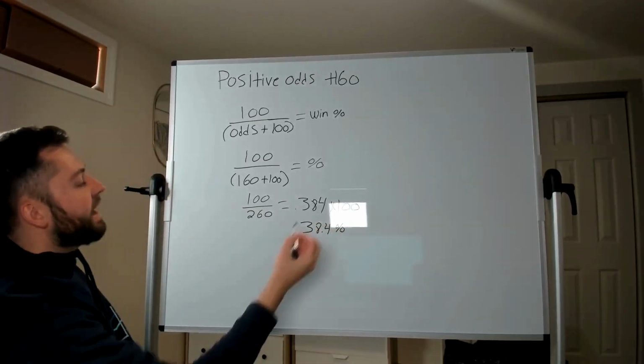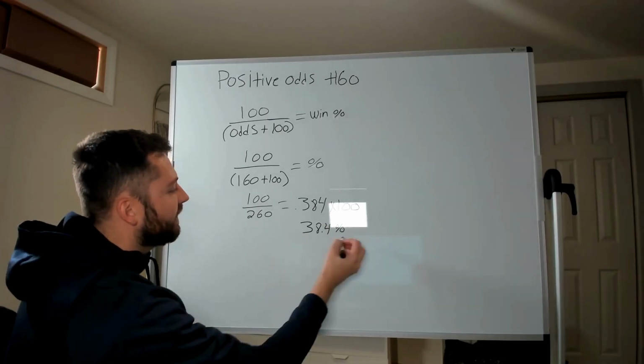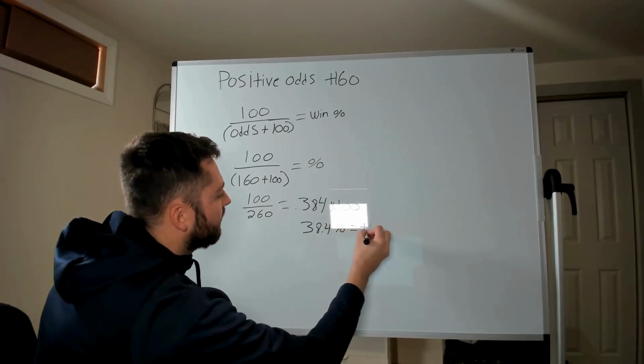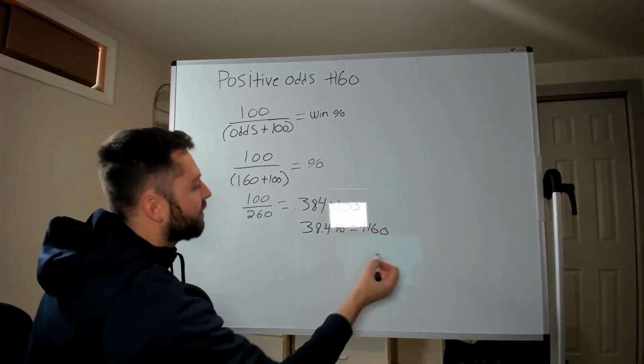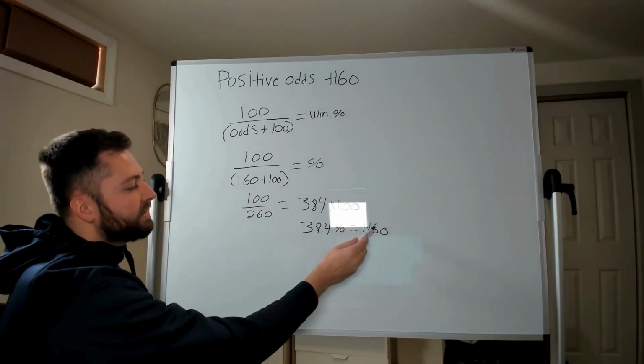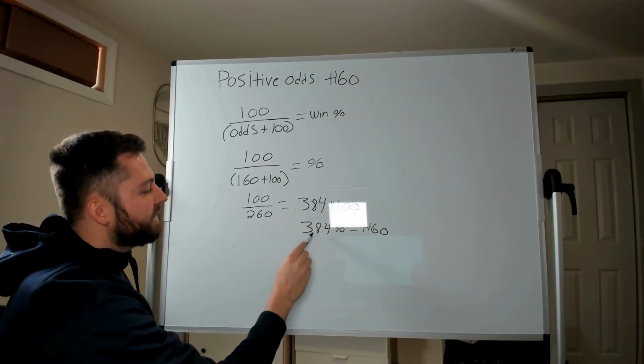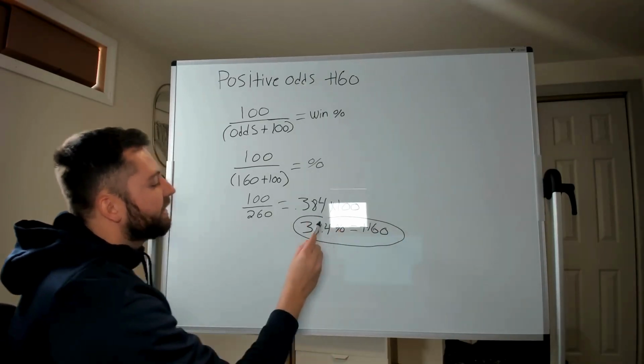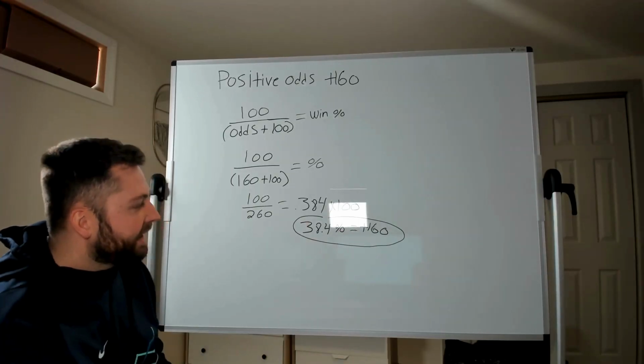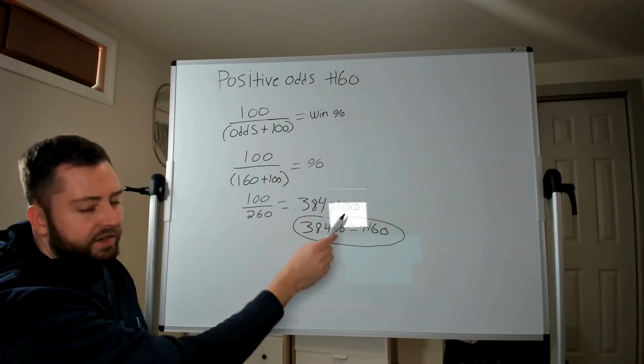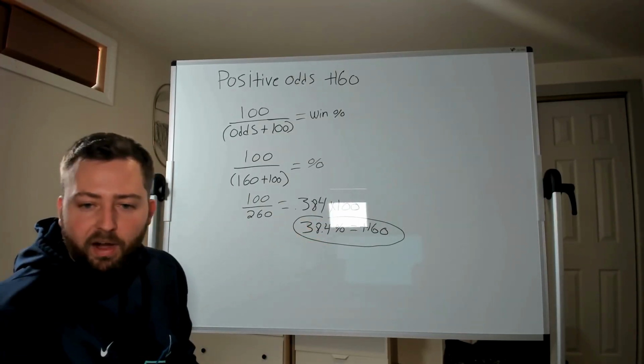So we can say that plus 160 odds equals 38.4%, meaning if you're betting plus 160, all we need to do is win 38.4% of our bets to break even. Anything above this win percentage is going to result in some long-term profits.